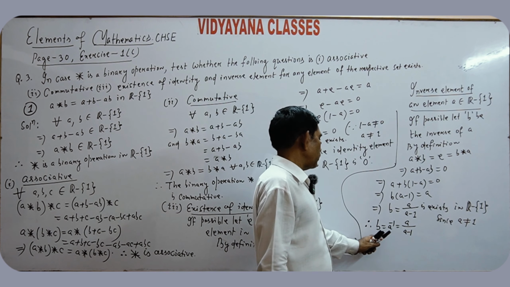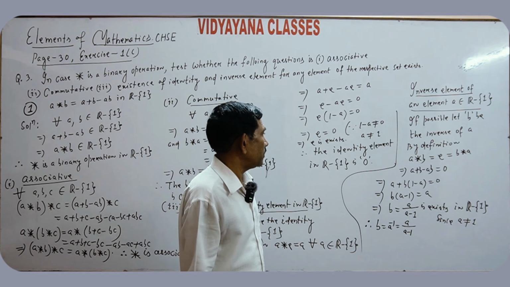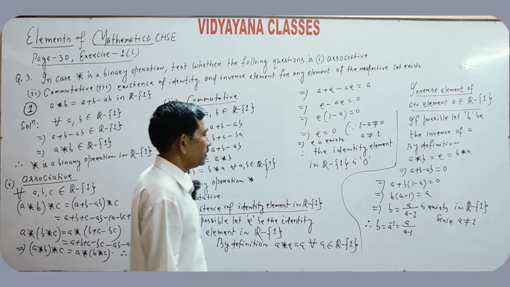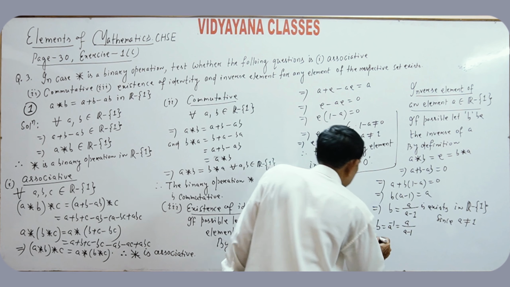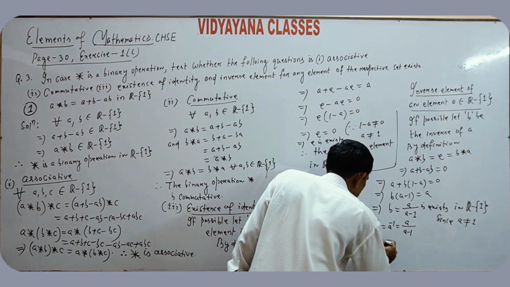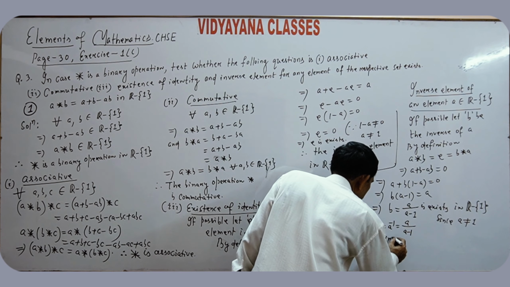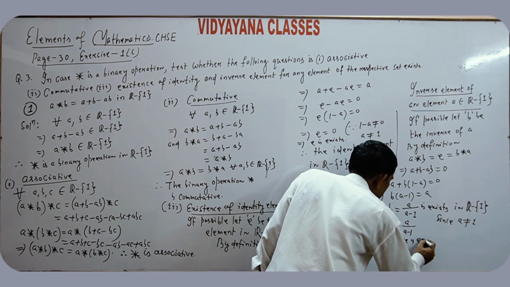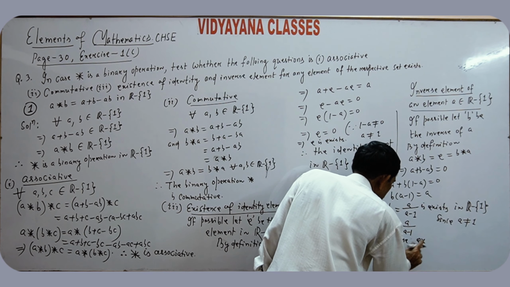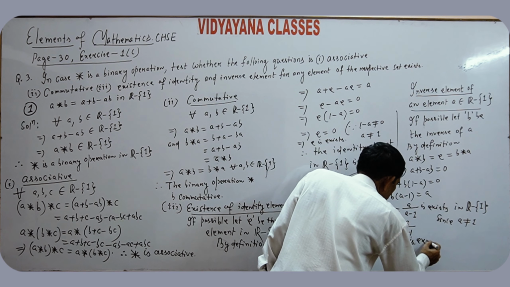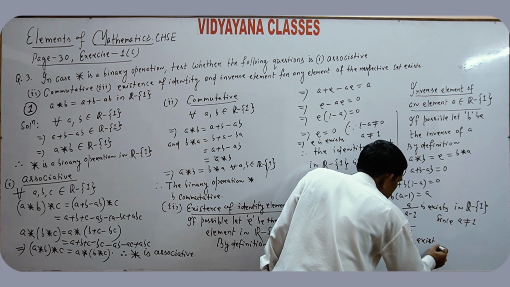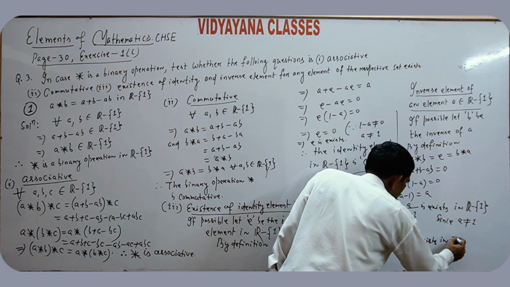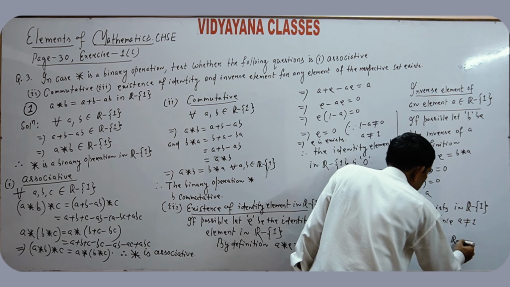Inverse of A is equal to B. That means the inverse exists in R minus set of 1.